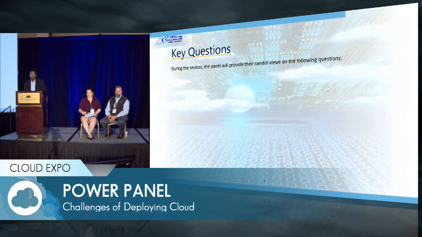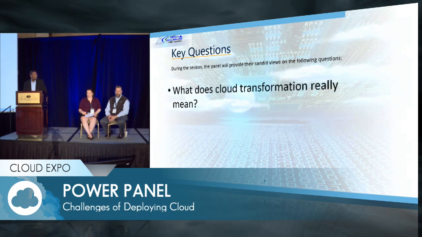So to get you started, the first question is, what does cloud transformation really mean? Now, I've talked to my colleagues up here about it, and they have their own ideas. But before we hear from them, I want someone out there in the audience to tell me, what does cloud transformation really mean? Raise your hand, and there's a gentleman here with a microphone.